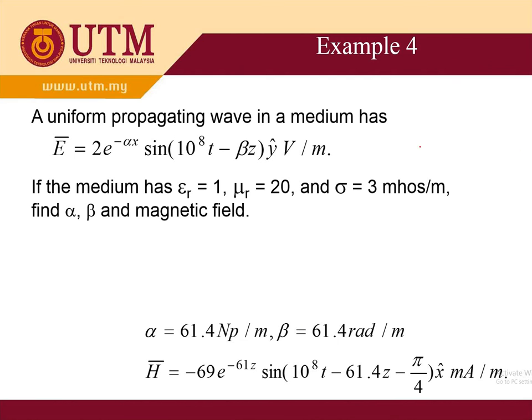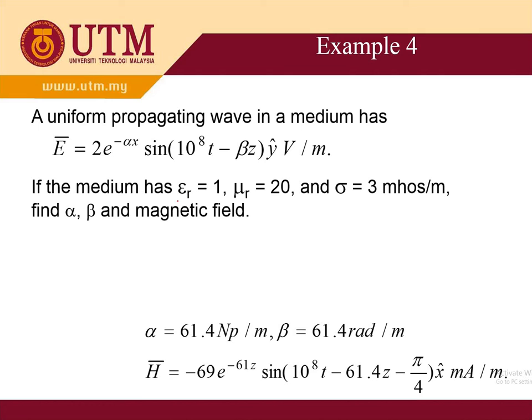So example 4: a uniform propagating wave in a medium has E field equal to 2 e to the negative alpha x sine of 10 to the power of 8 t minus beta z in y direction, volts per meter.